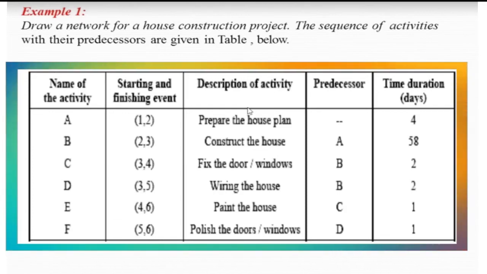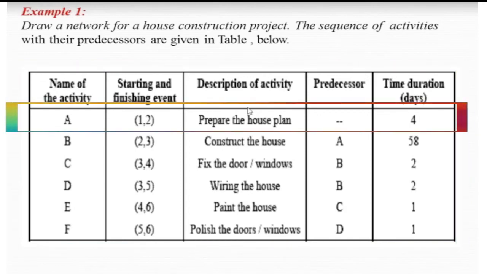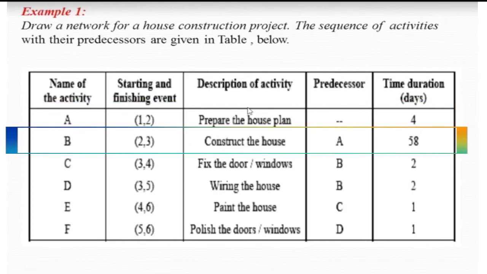So these are the descriptions of the activities, and also the predecessors are given here. For letter A, there is no predecessor. For activity B, the construction of the house, the predecessor is A. It means that before you can have activity B, activity A should be done first. So the preparation of the house plan should be done first before the construction of the house. And the time duration also is stated here.